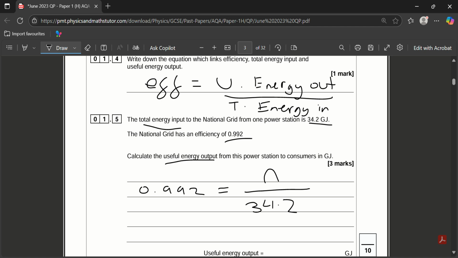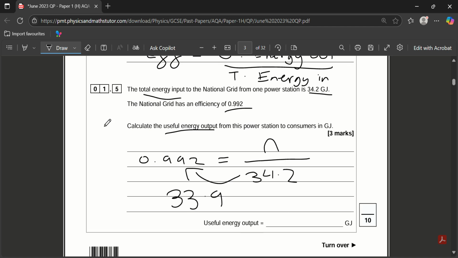It's a lot of mathematics here, but now we need to multiply 34.2 and 0.992. 0.992 times 34.2 will give us 33.9 gigajoules. So that's our answer, 33.9.